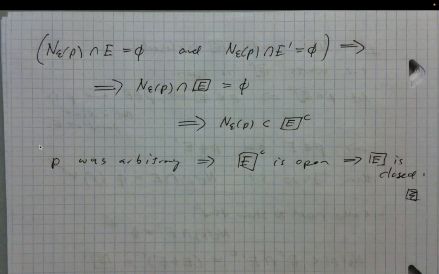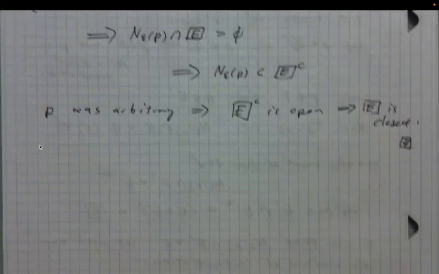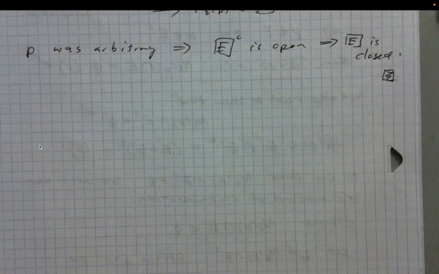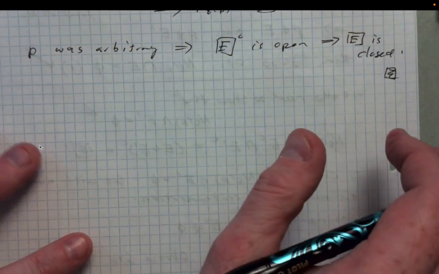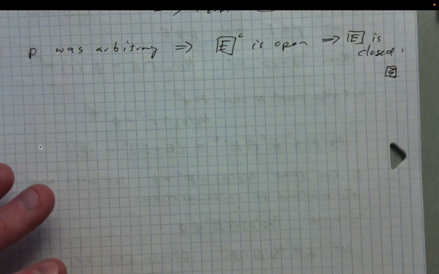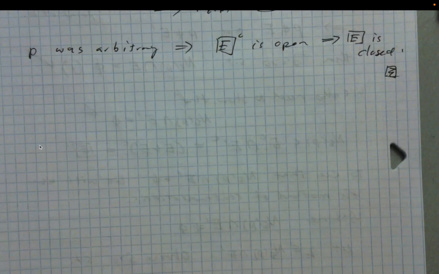Okay, so that's good. A couple more things that we want to touch on. Using this idea of the closure of a set, we can recast the idea of the denseness of a set. Denseness we talked about was this idea that, for example, the rationals are dense in R means that for any rational number, I can't isolate it.